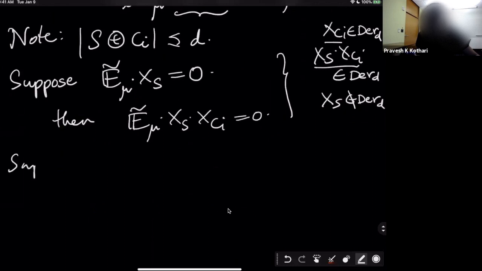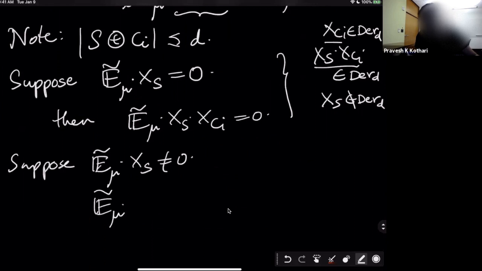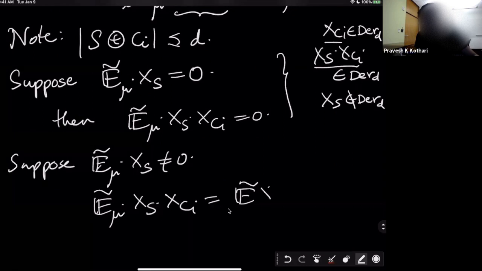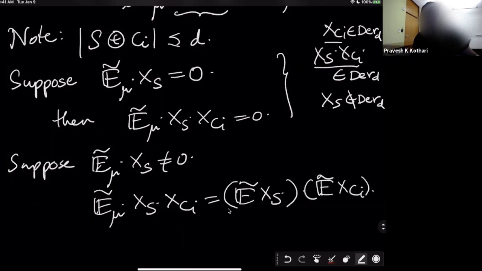So now suppose the pseudo expectation of x_s is not 0. Now what happens? Well, in that case, we proved that if x_s and x_{C_i} are both non-zero, then this must equal the product of their expectations, because that's how our procedure derives them.